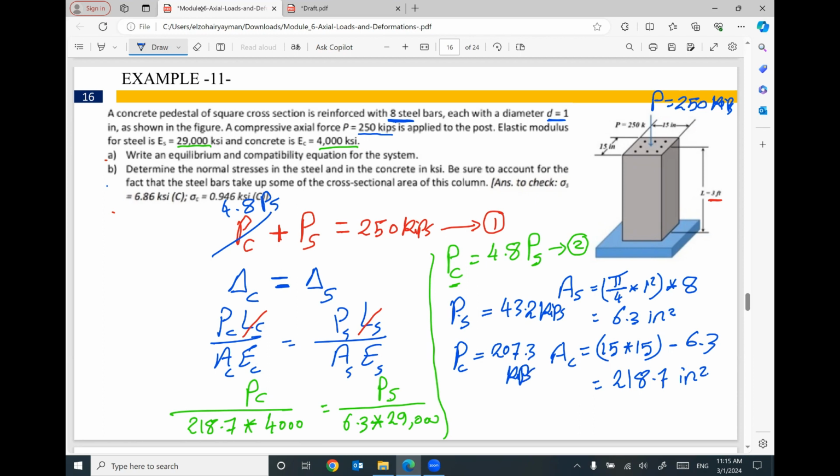So I think we are missing just a bit because of approximation. That makes sense? So 43 plus 207, it will be 250, so 0.2 and 0.3 is just approximation.